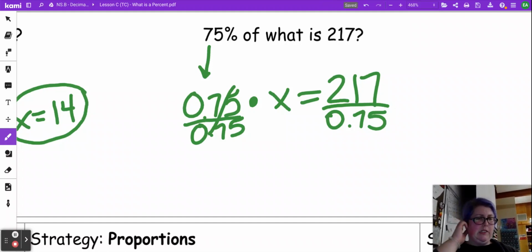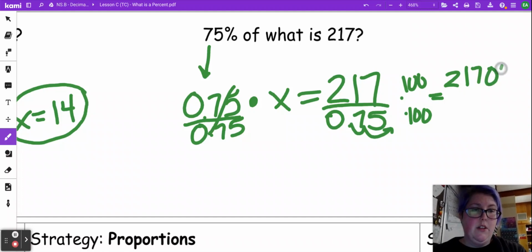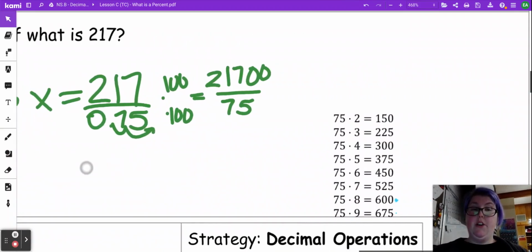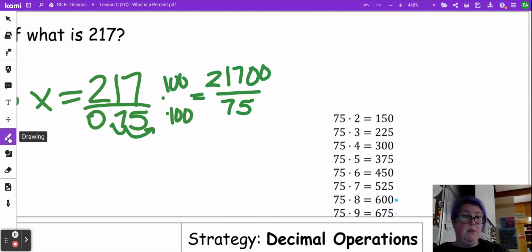But remember, we can't have a decimal down there. So we are going to multiply each of these by 100, that 2 places, to get 21,700 divided by 75. Now we're ready to set up our long division. You'll notice on your notes, we've conveniently given you the multiplication table for 75.